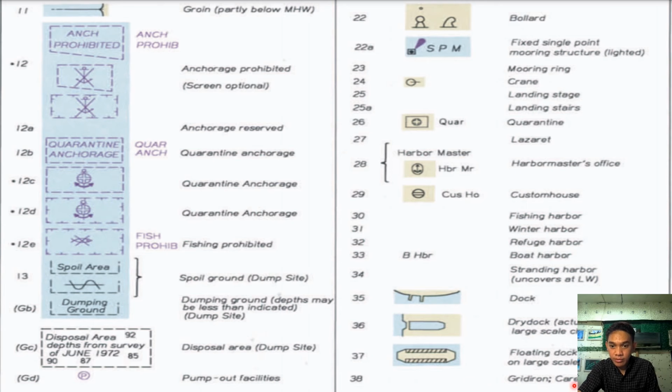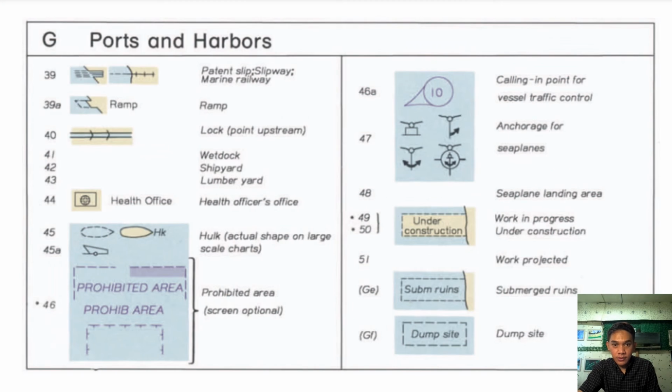Next is gridiron or careening grid. Okay, so next is this patent slipway or slipway marine railway. This is its symbol. Next is for ramp. This is the symbol of the ramp. Next is a lock, point upstream or wet dock or shipyard or lumber yard.